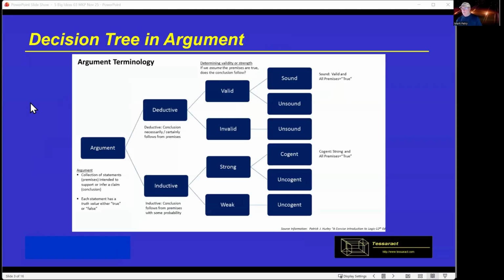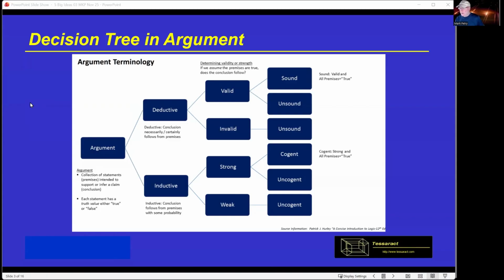Moving along from deductive and inductive methods, we get the decision tree. This is frequently used in argument, where you have, again, that inductive-deductive split, and then you can go into valid or invalid arguments, strong and weak arguments, etc. This, I think, is a really interesting model for dissecting the particular mode of discussion that is being followed, right?